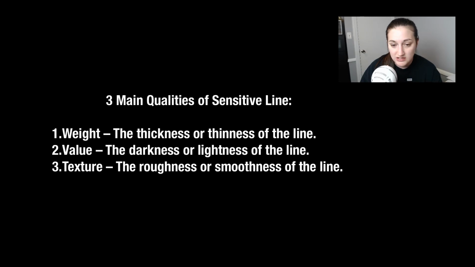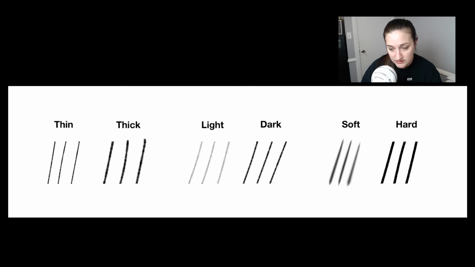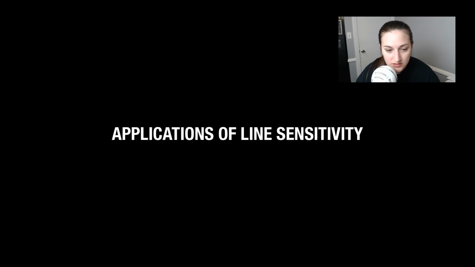Again, weight, the thickness and thinness of the line, value, the darkness and lightness of the line, and texture, the roughness or smoothness of the line. All of these characteristics should exist in your drawings, and each line should have multiple qualities to best interpret what the texture of the object is doing.